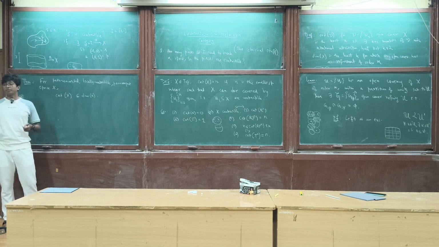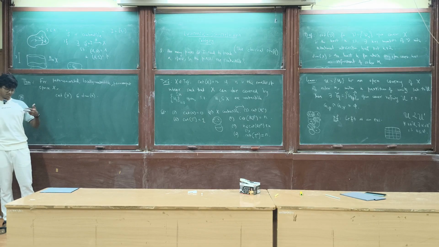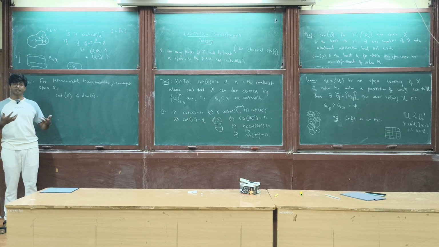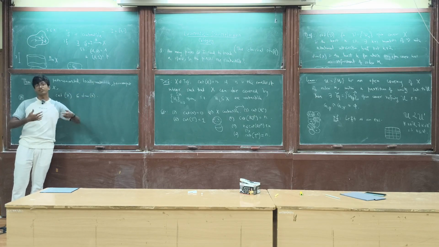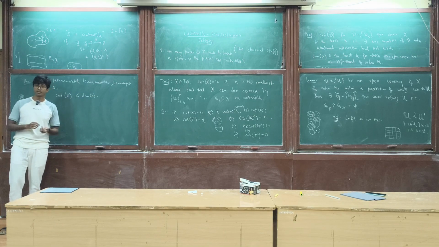Paracompact means, I'm just going to say the definition: for any open cover, there exists a locally finite subcover. For compact spaces, for any open cover, there exists a finite subcover. Para just means instead of finite, you mean locally finite.